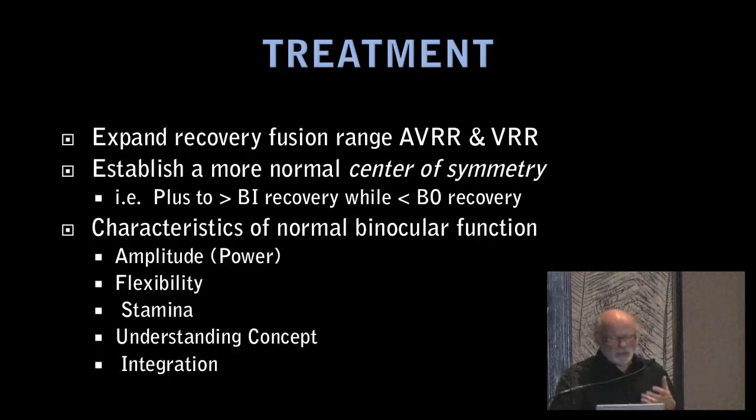The characteristics of normal binocular function, amplitude, power, all these measurements in my case histories, are measurements of power and amplitude. They do not measure flexibility. One must incorporate flexibility, but remember, just in the recent September AOA journal, vergence measures work on fast vergence systems.